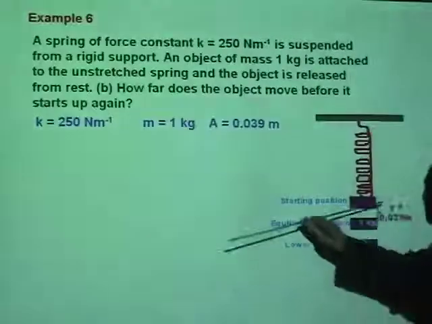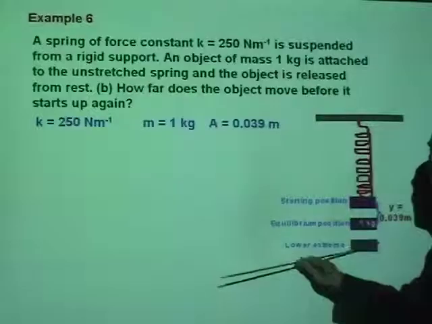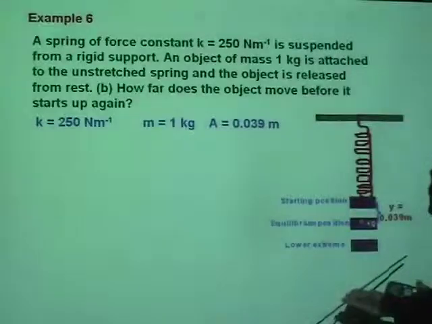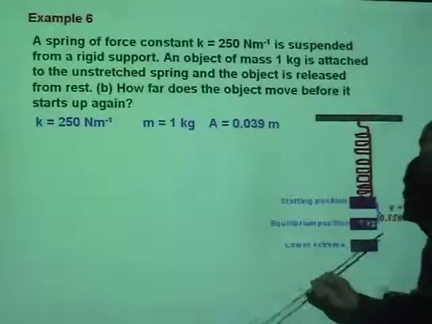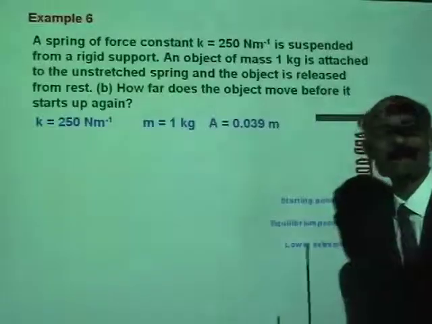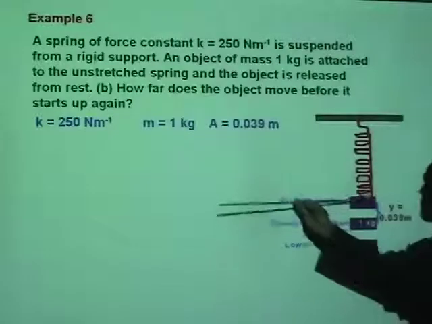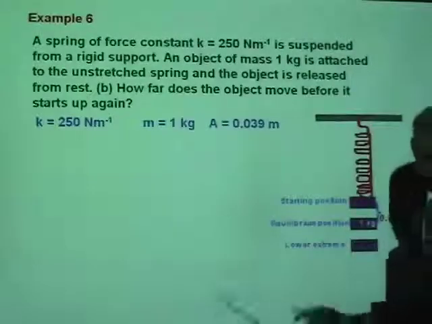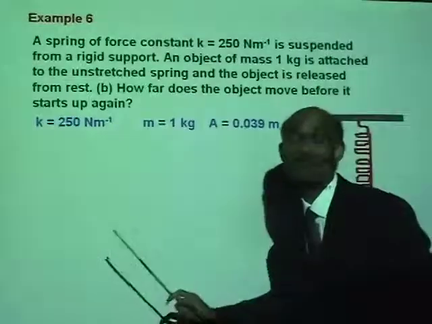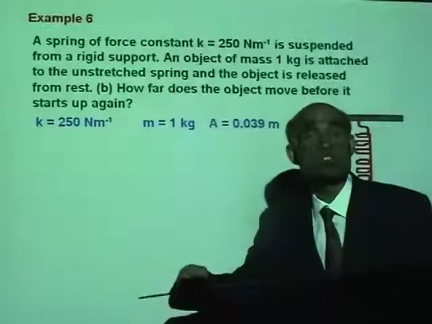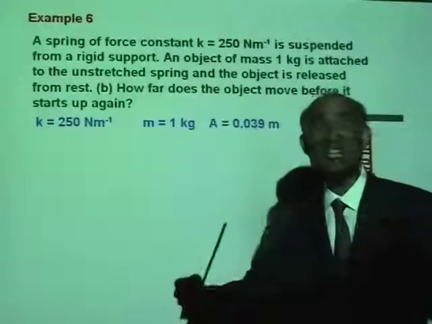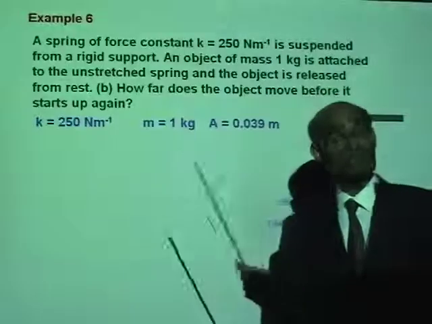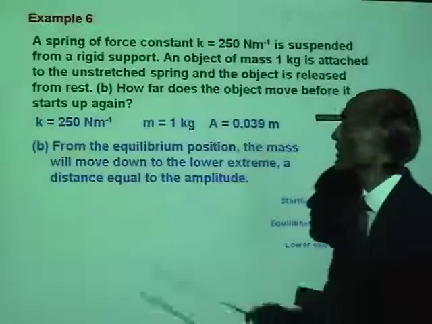It will be 0.039 meter plus 0.039 meter. That will be 0.078 meter below the starting position. But I'm going to do this part of the problem in another way to show you how energy considerations can be used to solve a similar problem.